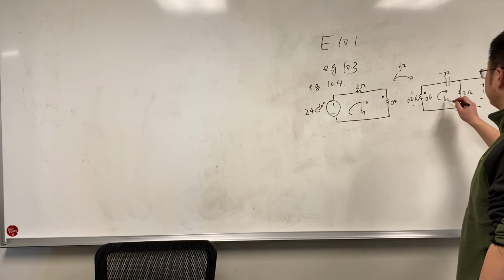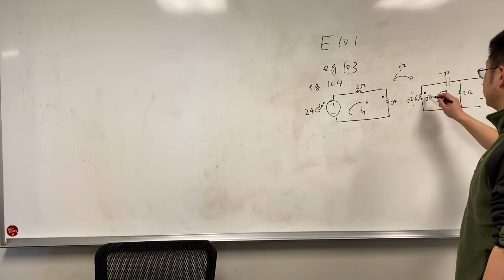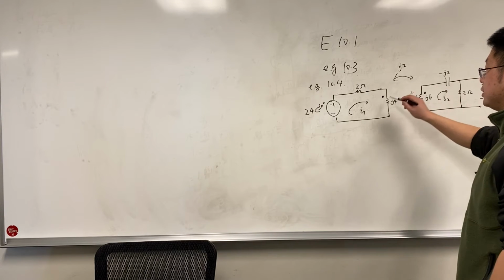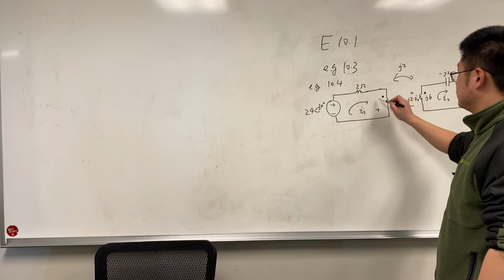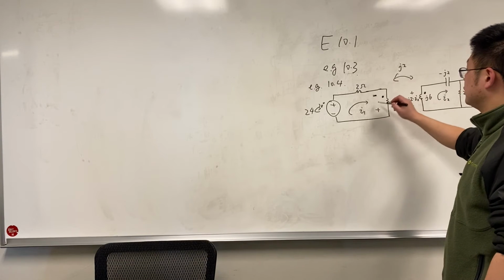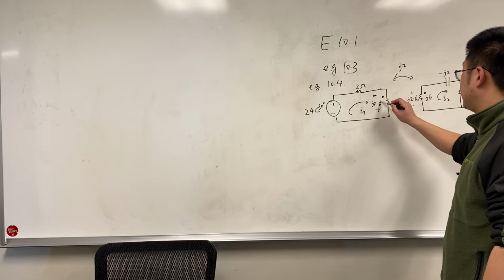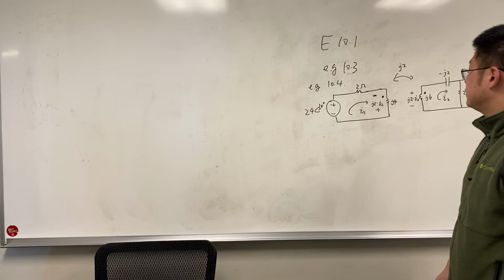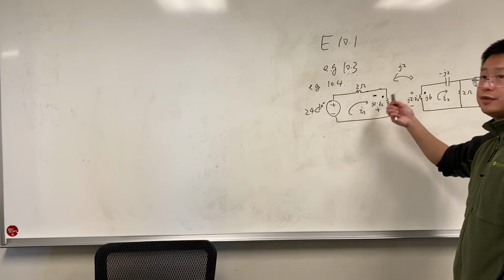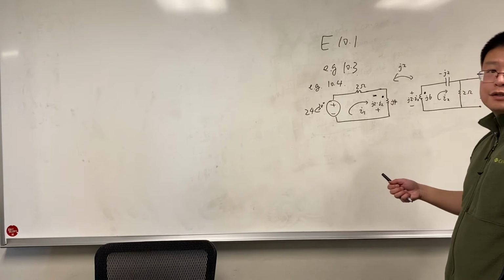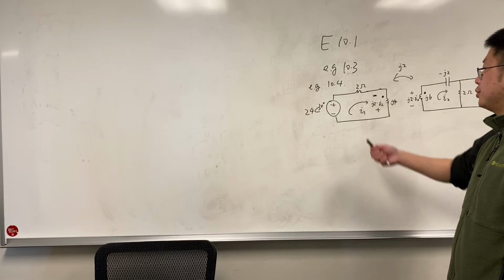And for the secondary winding, this I2 is entering the undotted terminal, so it will generate a positive voltage. And also the mutual inductance is j2 times I2. So once we obtain the induced voltage, we can write the loop voltage equation.